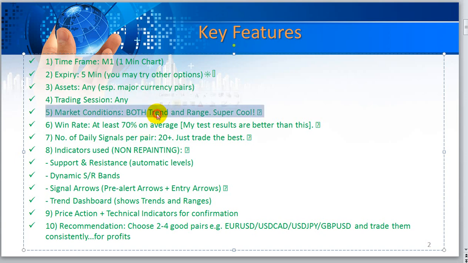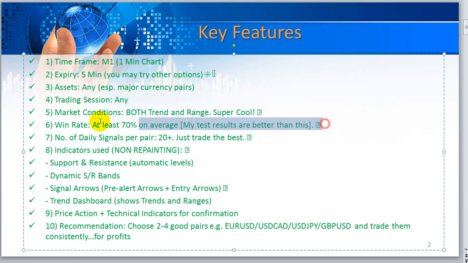It works in both trend conditions and range conditions. I believe that's super cool, guys. You can still use it to trade in a ranging market. You can use it to trade in a trending market. The reason being, one of the indicators added here in the package will show you when the market is ranging and when the market is trending with a good level of accuracy.